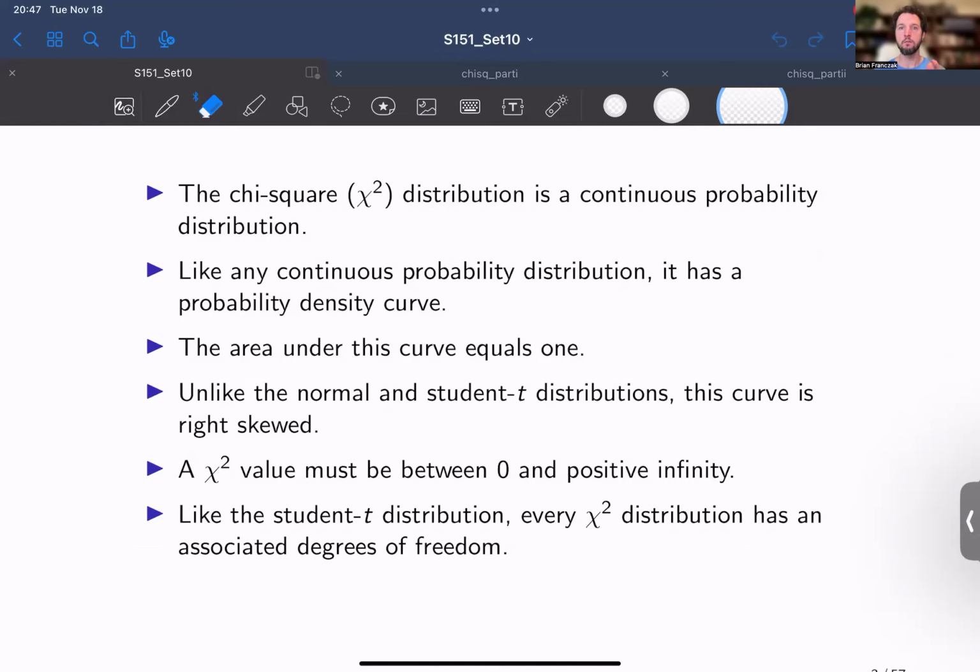The chi-square is a continuous distribution like the standard normal and like the student t, so it admits a density curve. Effectively, what we have to be able to do is find area underneath this density curve, or find critical values if we are given an area underneath it. That is basically the same way we use the student t curve or the standard normal curve within the context of a hypothesis test.